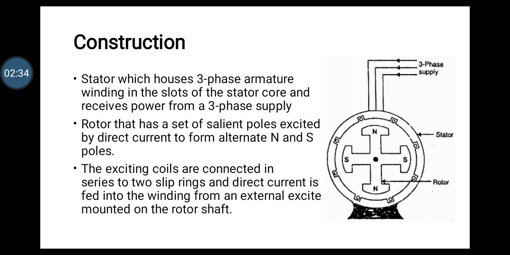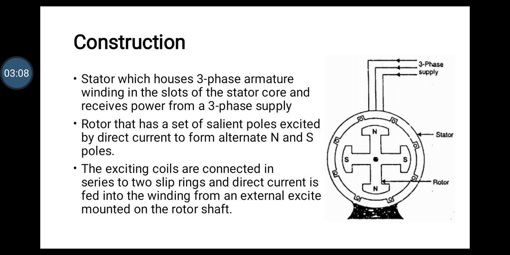So the two main parts are stator and rotor. The stator has the three-phase armature winding in its slots, and it receives three-phase power supply. In an alternator we don't give the power supply, we take the power out from the stator. But here, as a motor, we need to give the three-phase supply to the stator.